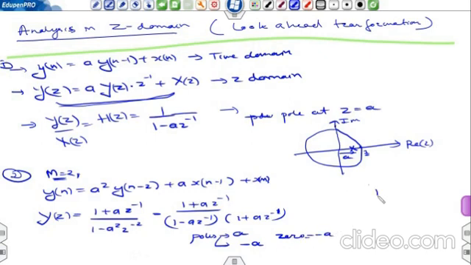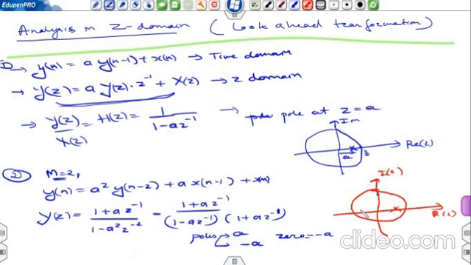Okay, so drawing its location of pole and zero, this is real z, this y-axis is imaginary z. So there is a pole at location a, and the second pole is at minus a.